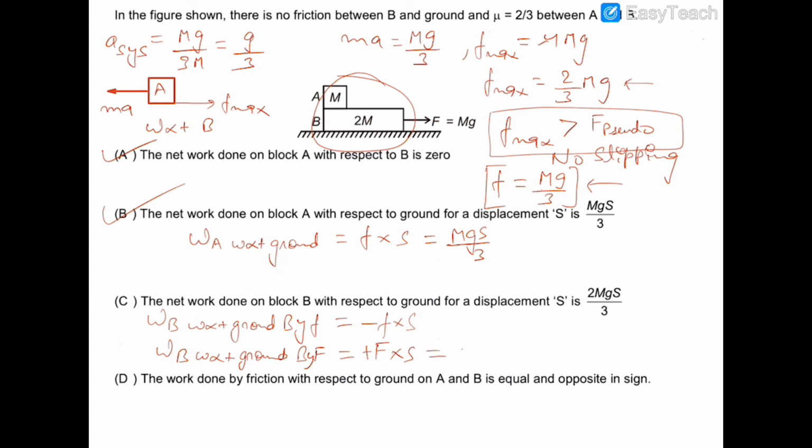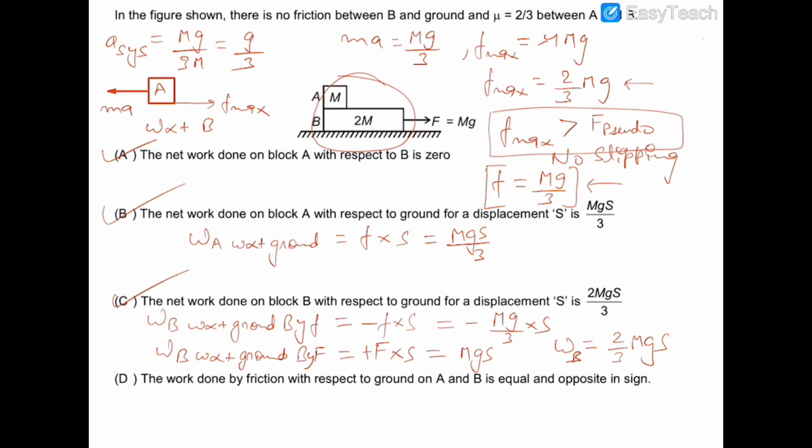Now this F is equal to mg, so it is mgS, and this friction will be equal to mg by 3 into S. So the total work done on block B will be the sum of these, and it would be equal to 2/3 mgS, which is option C. So it is the correct option.